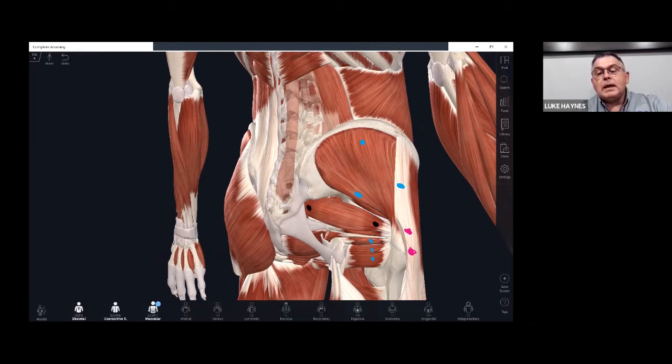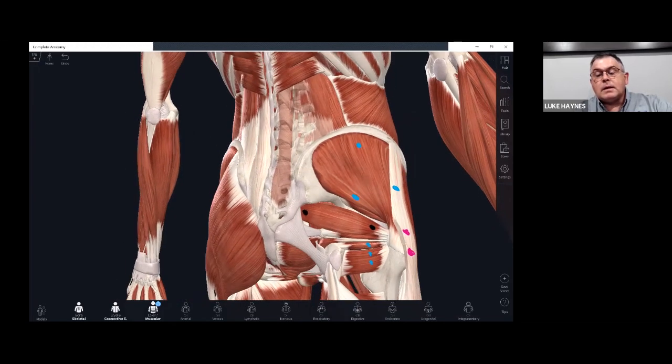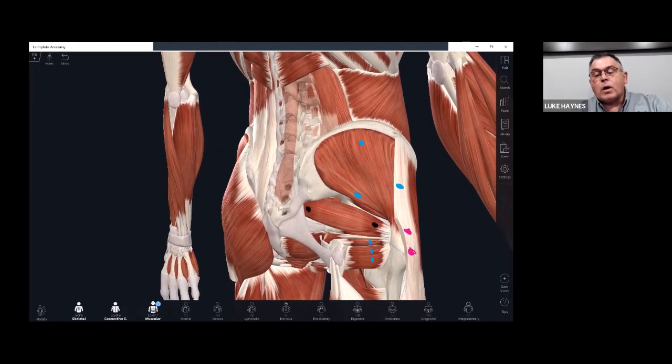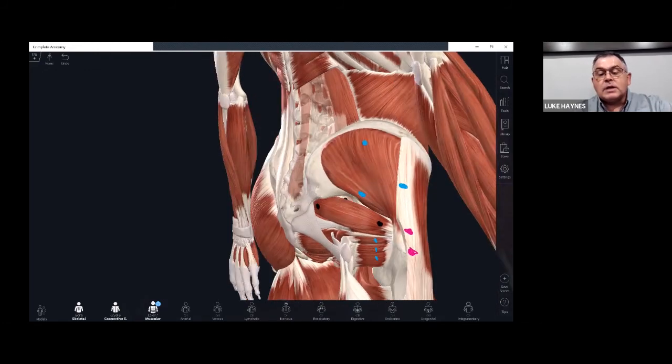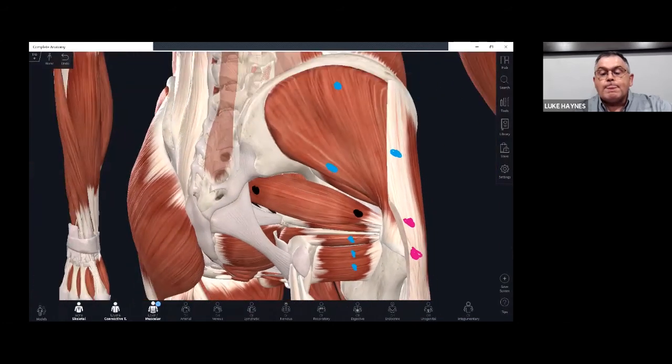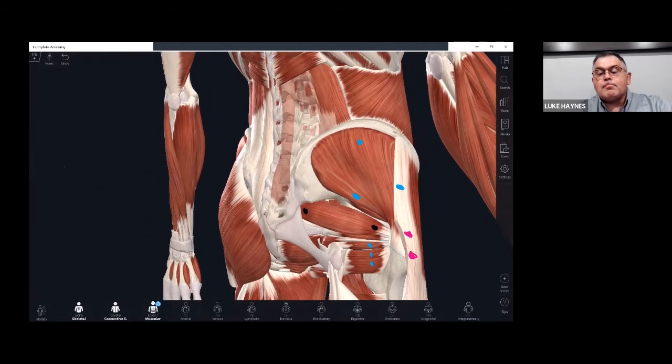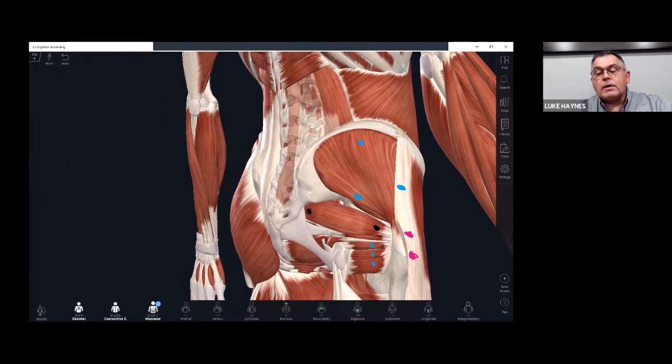We want to come in and catch our square, TFL, glute min, glute med, this location between PSIS and the greater trunk for glute max, and then the protocol for greater trunk bursitis, which we will get to in a moment. But basically, we're going to needle onto the lateral apex of the greater trochanter to land onto the bursa there for gluteus maximus, and there's one for gluteus minimus.